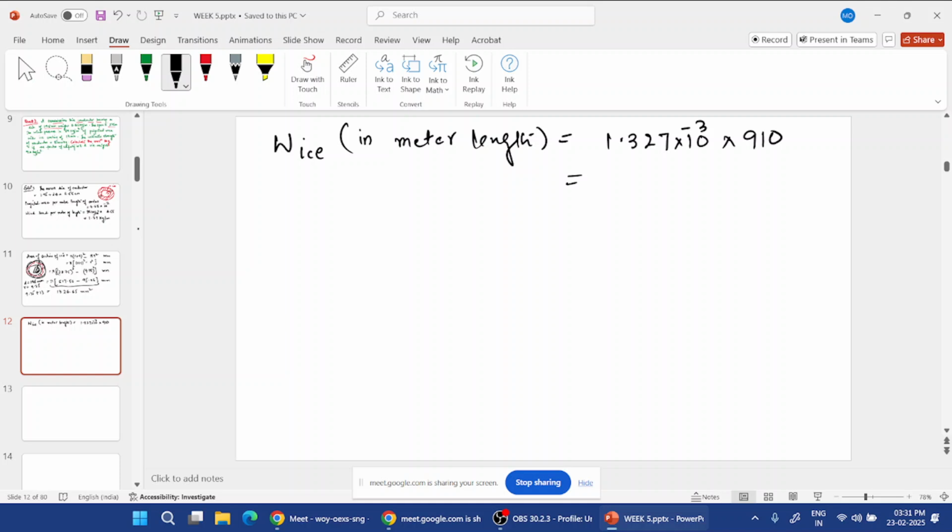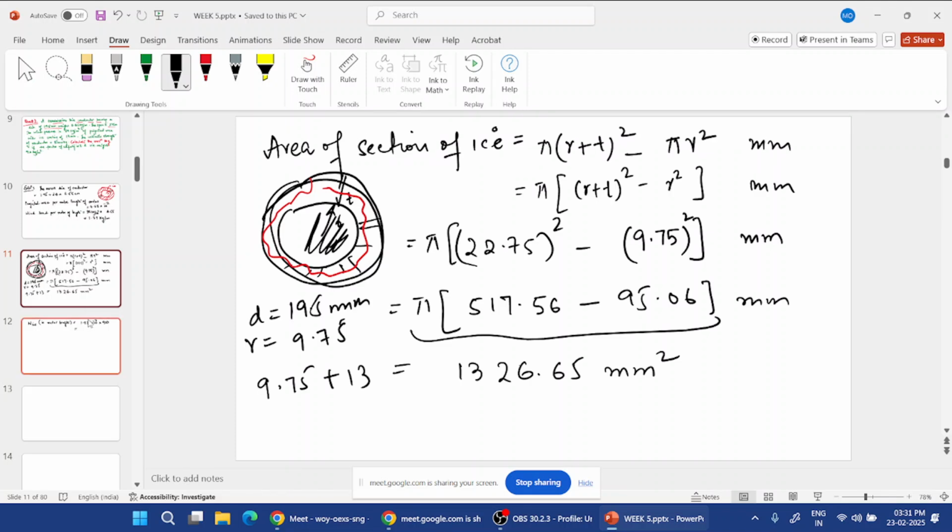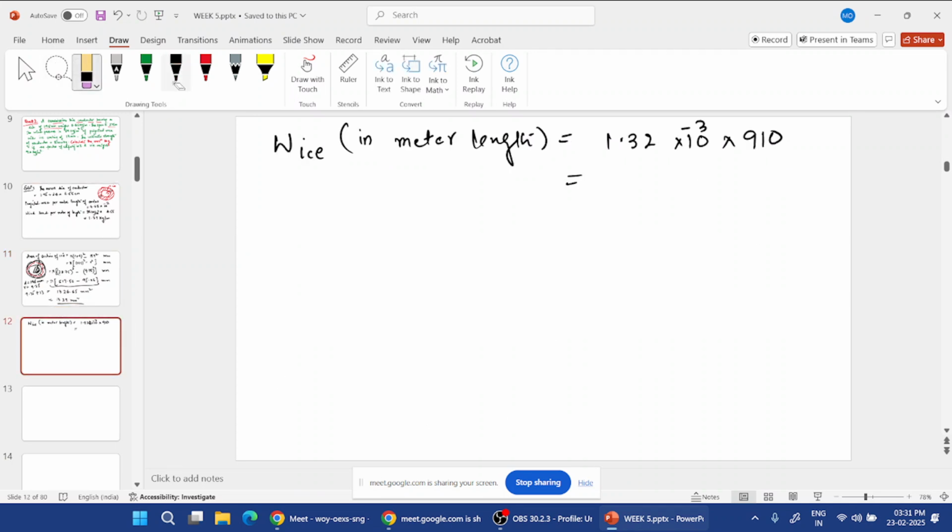So 1.327 into 910, the value will come out to be 1.207, or 1.208 rounded off. So the weight of ice is this much.